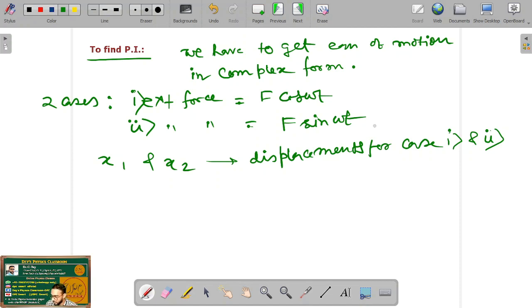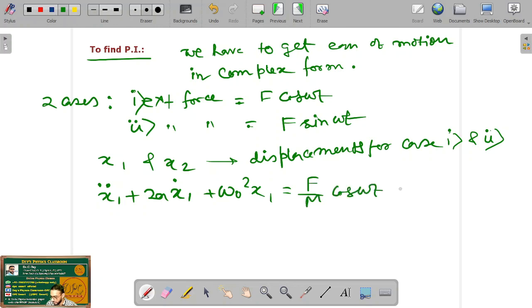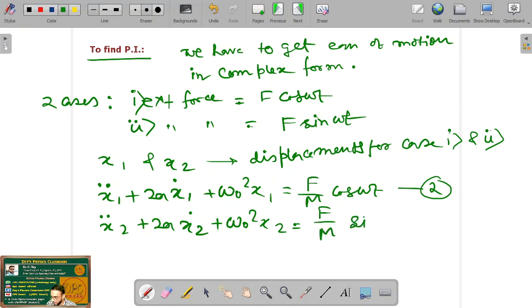So the equations of motion for these two cases would be x1 double dot plus 2a x1 dot plus ω0² x1 equals F by m into cos ωt, which is equation 2, and again x2 double dot plus 2a x2 dot plus ω0² x2 equals F by m into sin ωt, which is equation 3.